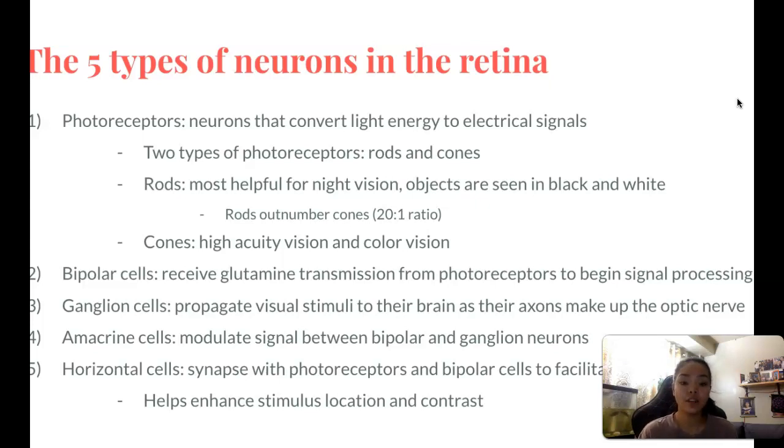And lastly, there are horizontal cells, which synapse with photoreceptors and bipolar cells to facilitate lateral inhibition. They help enhance stimulus location and contrast. So essentially, endocrine cells and horizontal cells facilitate communication between the cells involved in phototransduction.